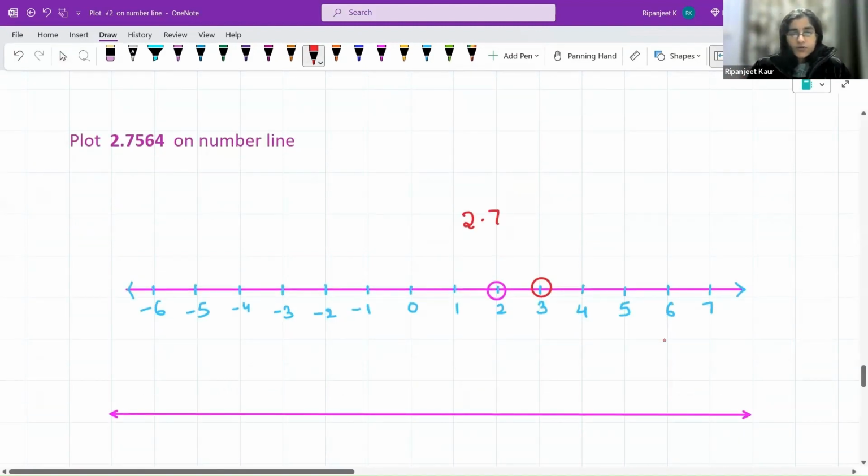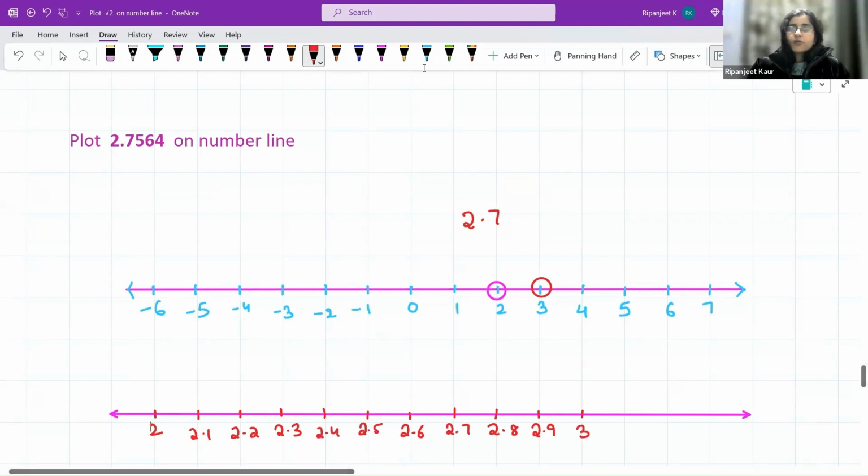So we put over here a 2, and after 2, 2.1 there comes 2.2, 2.3, 2.4, 2.5, 2.6, 2.7, 2.8, 2.9, finally comes 3, right? So we have found 2.7 over here.